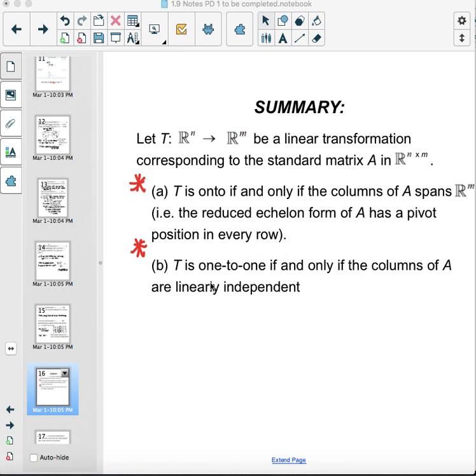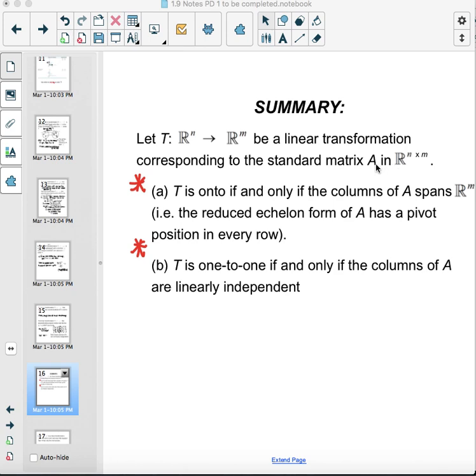I've got some examples of this, but I want to wait and do that with you in class. We'll do some specific examples in the next few slides. And T is one-to-one if and only if the columns of A are linearly independent.